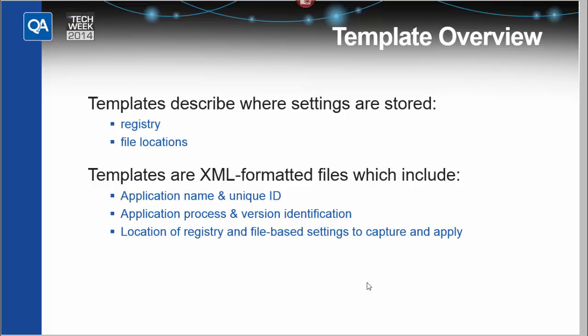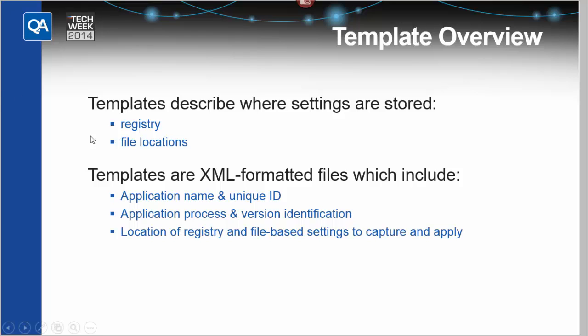Typically, the application will use the registry, or in some cases it may use a configuration file, or in some cases both. The templates themselves are in XML format, and the files include the application name and a unique ID to identify the template, application process and version identification information, and the location of registry and file-based settings to capture and apply.